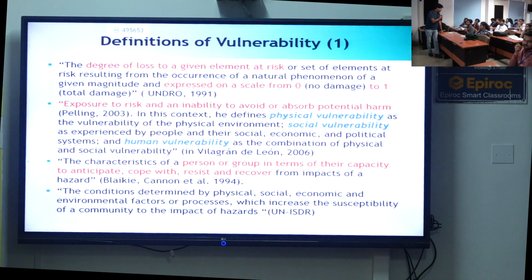Those are also very crucial. The traditional knowledge, you cannot simply throw it out, because this comes from human experience over generations. Now, all these conditions would be determined by physical, social, economic, and environmental factors. That means your resilience capacity and your coping capacity would depend on this. Understand? Yes. Good.